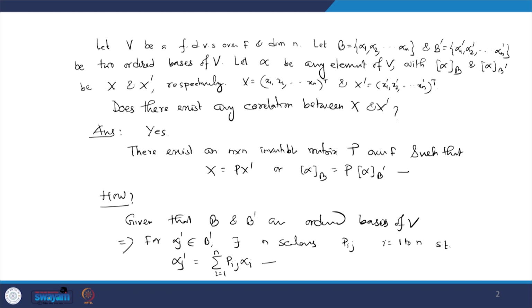So, I have written alpha j prime as a linear combination of the vectors alpha i. There is a binary operation between P i j and alpha i, that is the scalar multiplication over the vector space V.